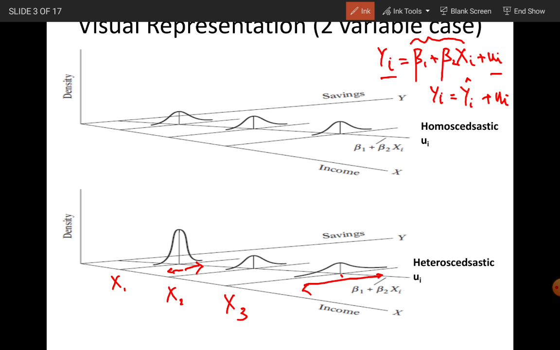For x1, x2, x3, the distribution of observed yi values is different for each x. So we are talking about heteroscedasticity.